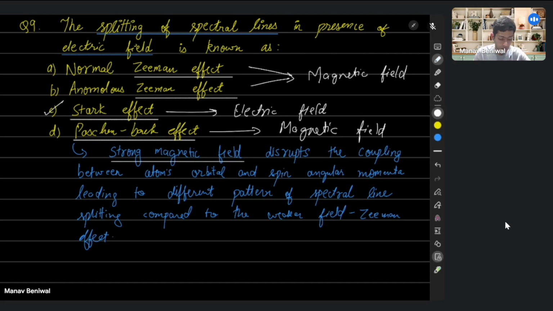And the normal and anomalous Zeeman effect happens because of moderate and weak magnetic field. So the only effect in this one that does not happen because of magnetic field but happens because of electric field, the splitting of spectral lines, is Stark effect. Okay, so therefore that is the correct answer.